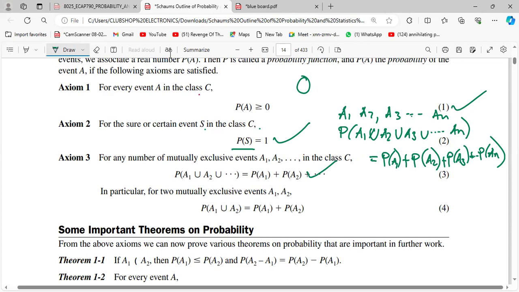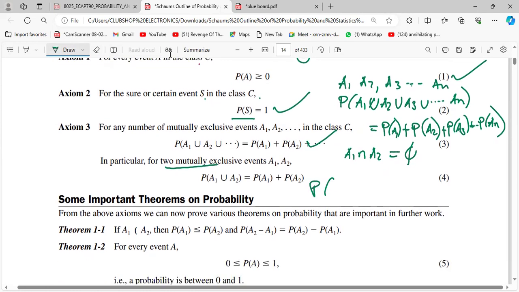But if there are only two, let's say in particular for two mutually exclusive events, A1 and A2, which are mutually exclusive, meaning that A1 intersection A2 is empty. Okay? There are only two mutually exclusive events. They're saying A1 intersection A2 is phi, empty. So it means probability of A1 union A2 is the same as just adding probability of A1 plus probability of A2.